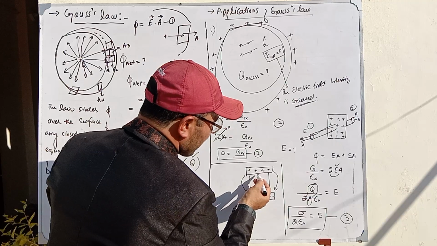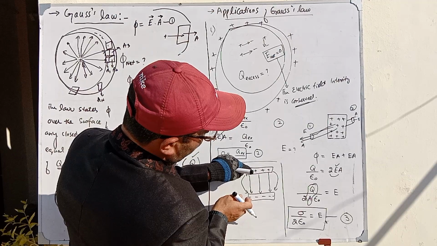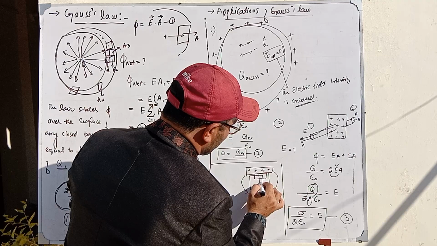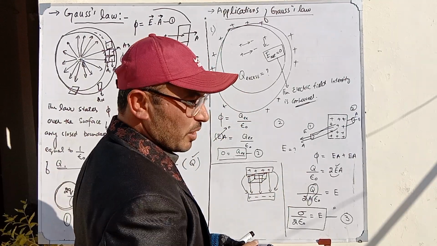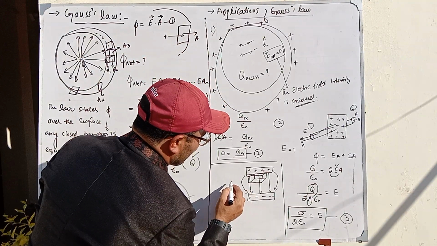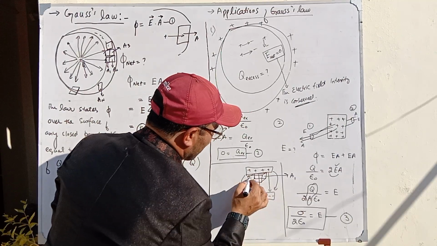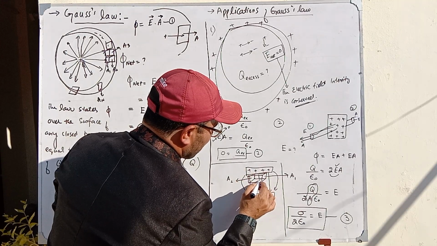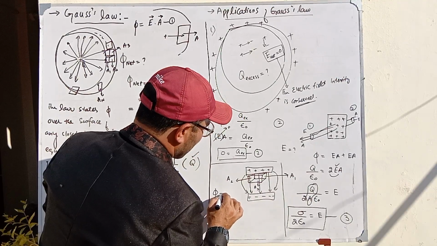So to find the electric field intensity due to these oppositely charged plates, I will place a cubical shape. Cubical shape means I place something just like a book. When I place a book, this is the A1 and this is the A2 surface area, and this is the A3. So I am using flux.